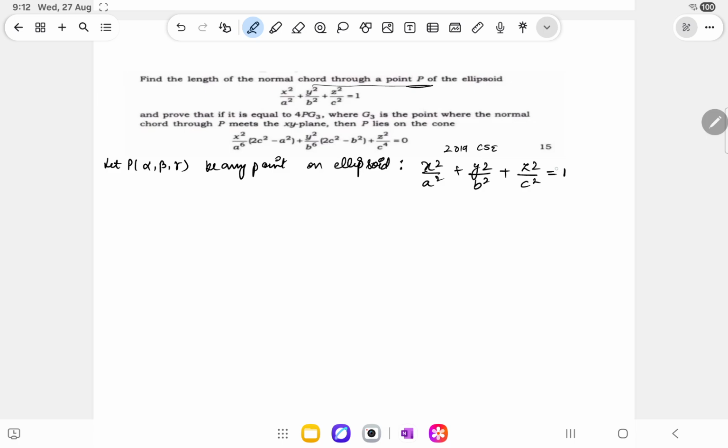So alpha beta gamma is basically any point on the ellipsoid, and we are supposed to find the length of normal chord passing via this point P to this ellipsoid, and prove that if it is equals to 4p G3, where G3 is the point where the normal chord through P meets the xy plane, then P lies on this cone.